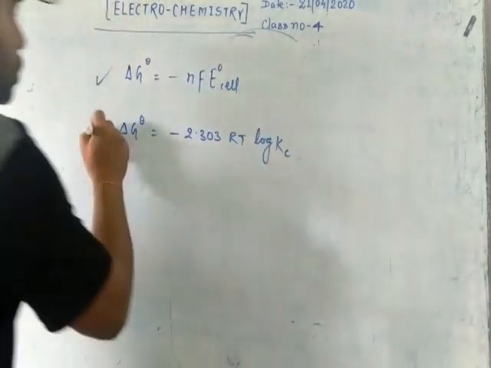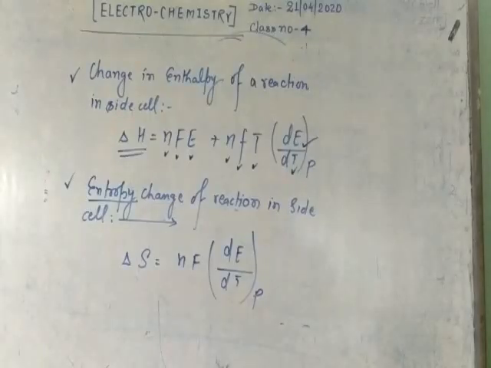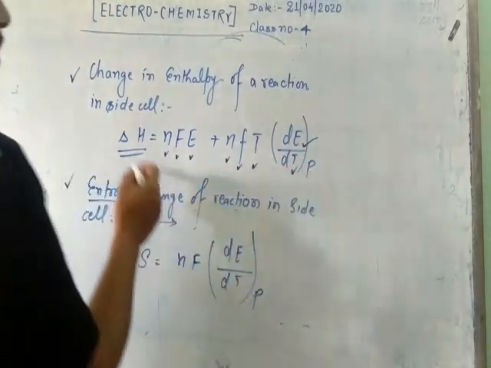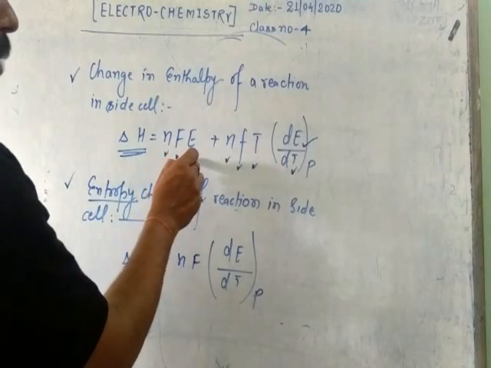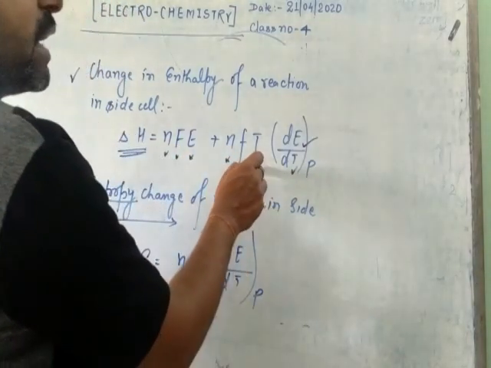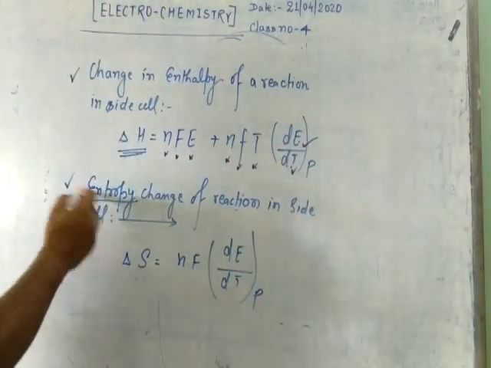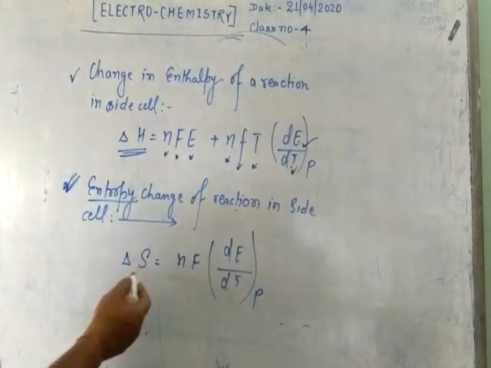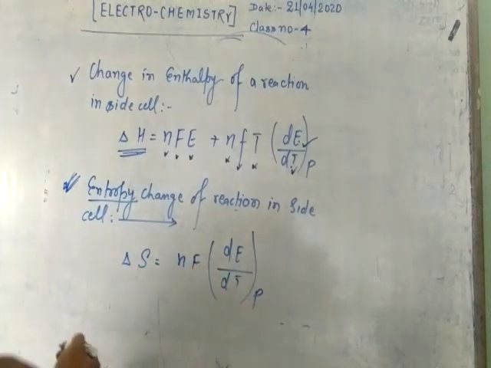Students, the third formula is the change in enthalpy of the reaction inside the cell: del H equals nFE plus nFT dE by dT at constant pressure, where del H is the change in enthalpy, n is the number of electrons, F is Faraday, E is the cell potential, and T is the temperature taken in Kelvin, with dE by dT the change in potential by change in temperature. Now students, the fourth formula is the entropy change of a reaction inside the cell: change in entropy equals nF del E by del T at constant pressure.